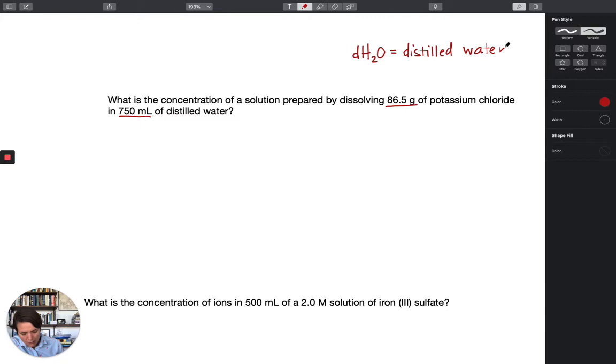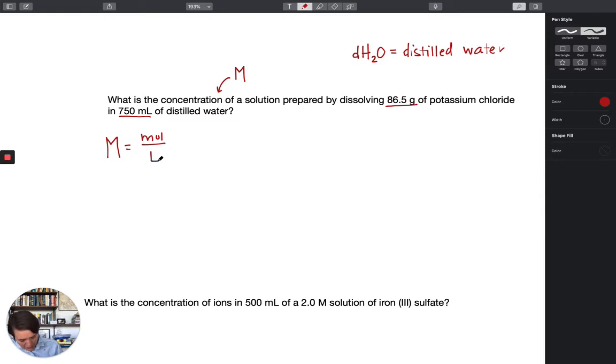Okay, so when we say what is the concentration, we're in a chemistry class. We are interested in capital M molarity. What does molarity stand for? Mole per liter. Always, always.